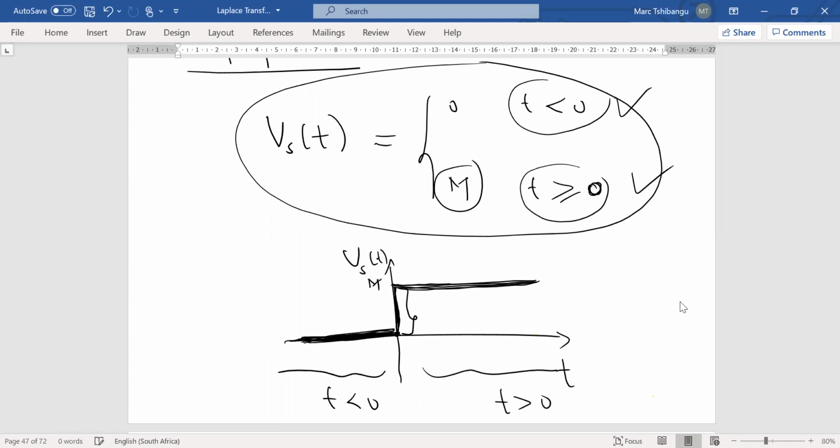So you open your steam valve, all right? So the change from the initial value to the other value, we say that there's a change of magnitude m. This is an explanation of this graph or this function.